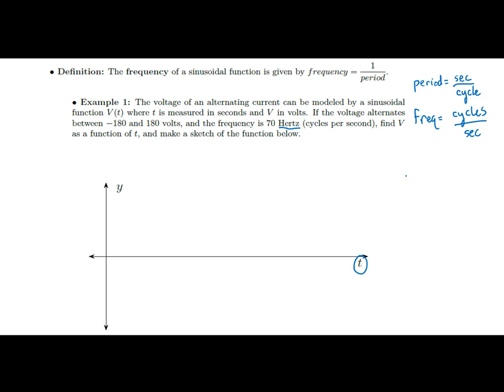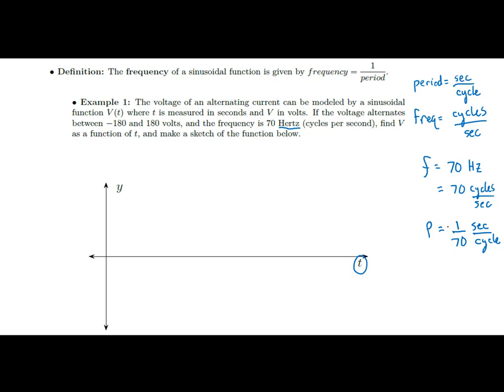All right, so what I know is that if my frequency is equal to 70 hertz, that really means 70 cycles per second, then I automatically know at that point that the period is going to be the reciprocal of that, 1 over 70 seconds per cycle.